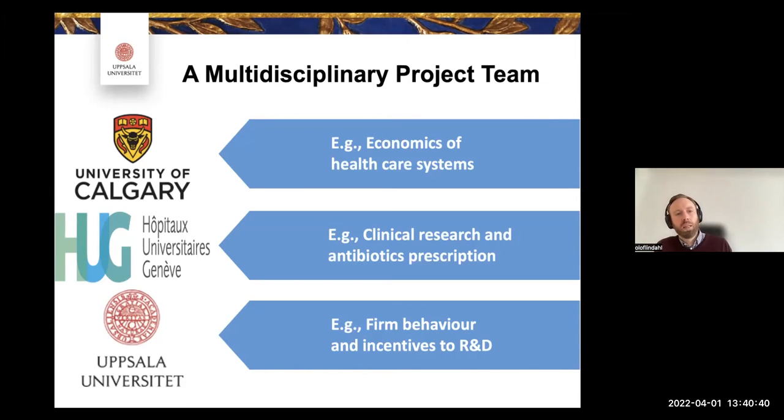We have economists looking at the big picture, healthcare system level. We have business scholars like myself who focus much more on the firm and the decision making in single firms. And we have people from the clinical research and prescription side from the University Hospital. So we try to come together and have different perspectives on this problem that we're addressing.